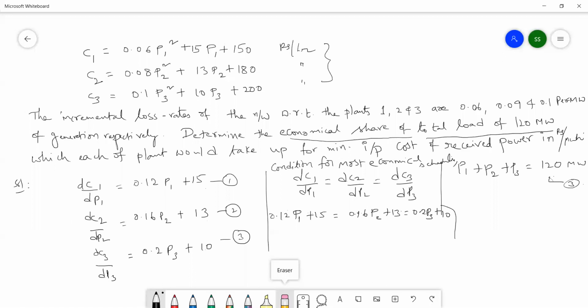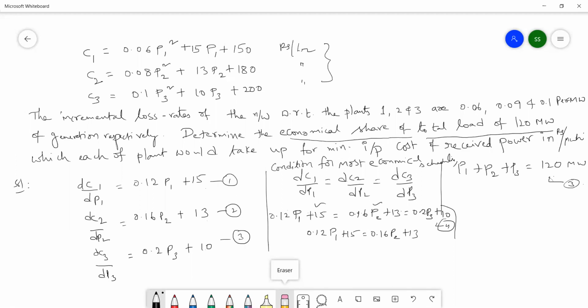Now you can equate any two equations. Let us equate the first and second, which we can take as equation number 4. 0.12 P1 plus 15 equal to 0.16 P2 plus 13.